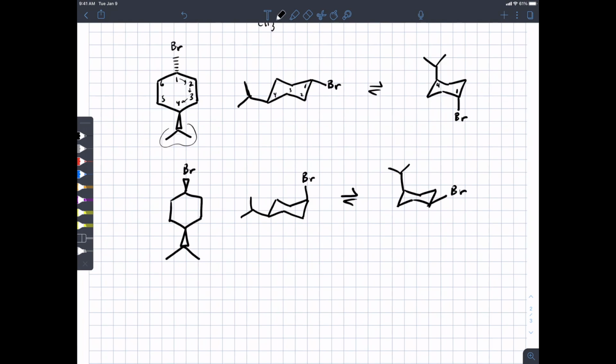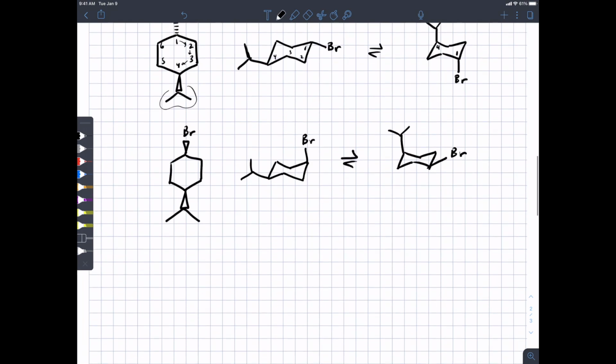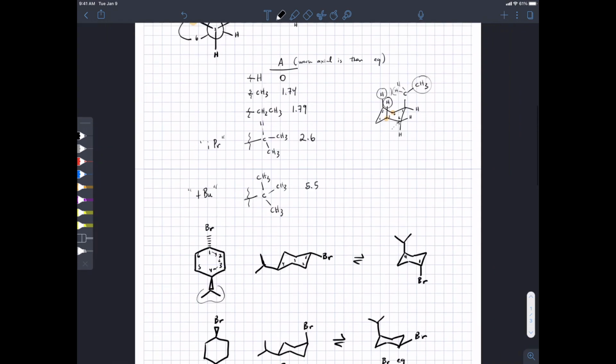Now we've got a choice to make, right? Because in the one on the left, bromo is axial and isopropyl is equatorial, whereas in the one on the right, bromo is equatorial, isopropyl is axial. So, which is likely the most stable? Well, you've got to go and look at your A values if you don't have a good sense for how big the bromo group is.